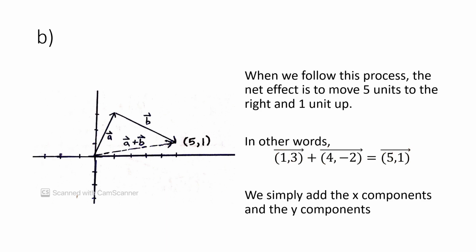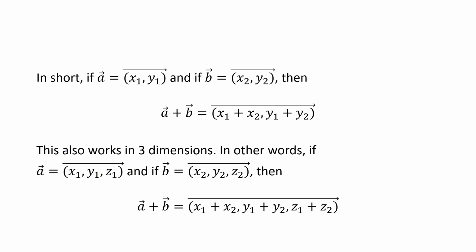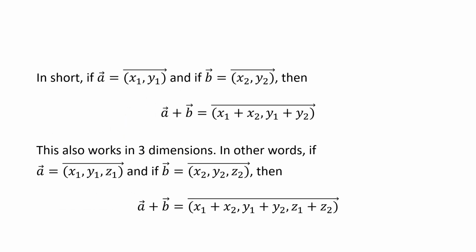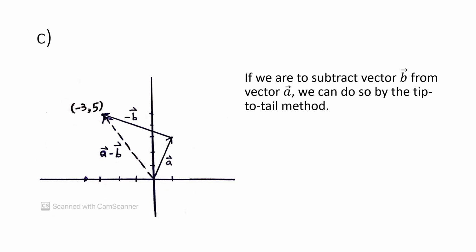Add the x components and the y components. So in short, in two dimensions, if A is x1, y1 and B is x2, y2, and those are vectors, then A plus B will be x1 plus x2 and y1 plus y2. And it will work just as well in three dimensions. A plus B will be the vector x1 plus x2, y1 plus y2, z1 plus z2.